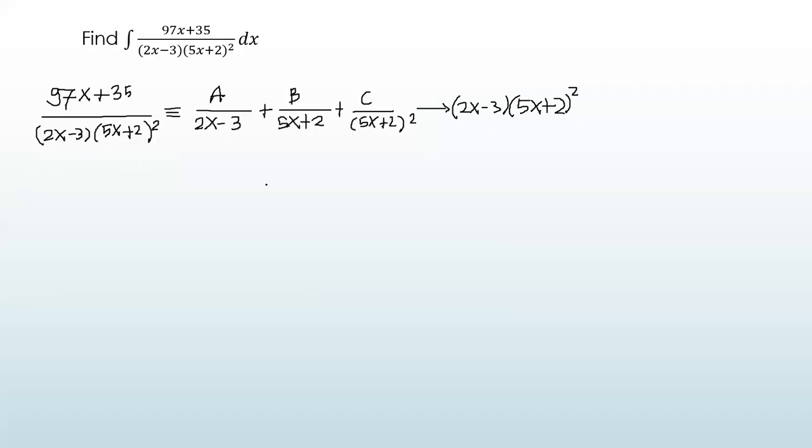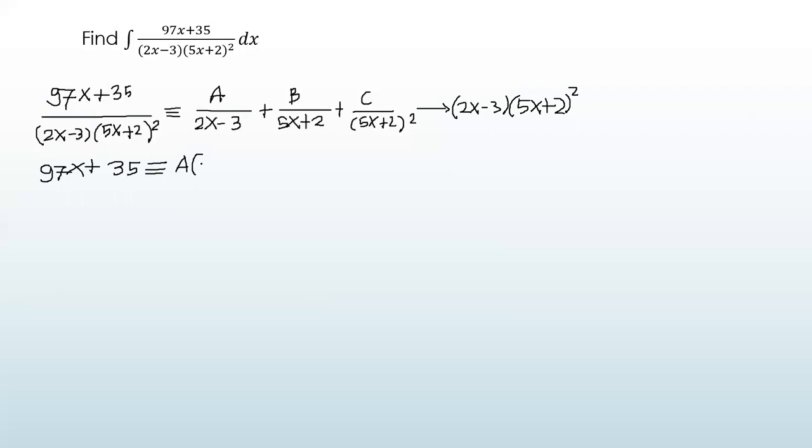If you calculate this term with these expressions, the denominator is going to be 1, because this is divided by this one, so it's going to be 97x plus 35, identical to a times this a over 2x minus 3.